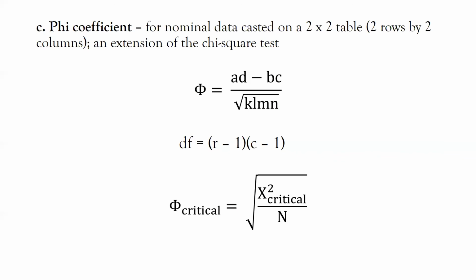So, yeah. Are there other non-parametric measures of correlation? Yes, but I've chosen to limit it to 3, because the other types of non-parametric measures of correlation are an extension, an alternative version of what I just gave you, the Spearman's rho, the phi coefficient, and the Goodman and Kruskal's gamma.